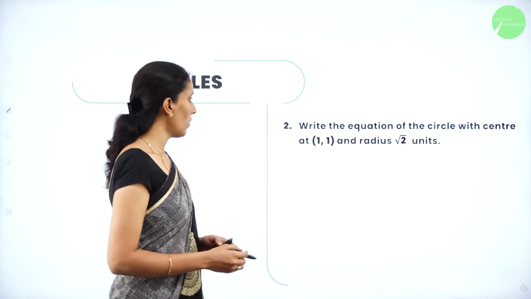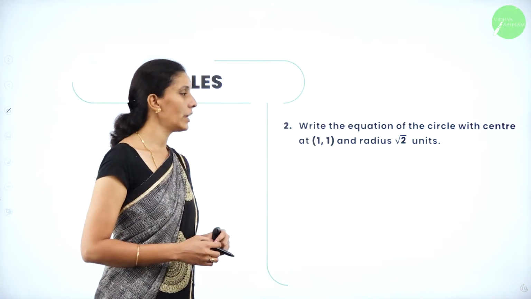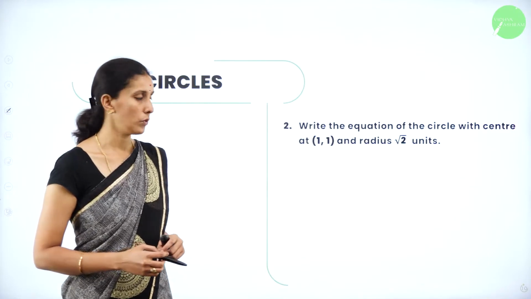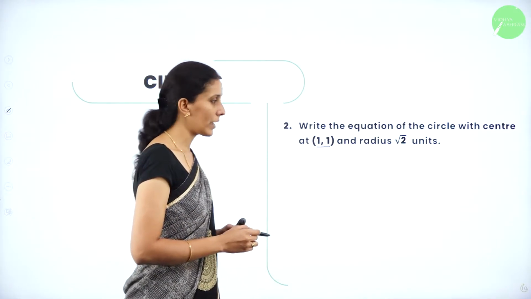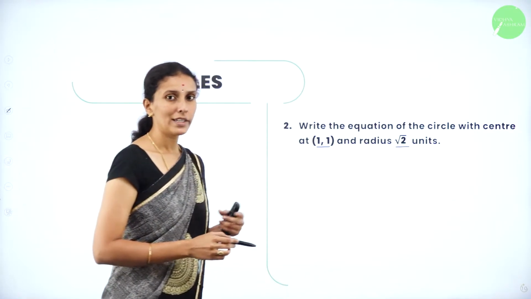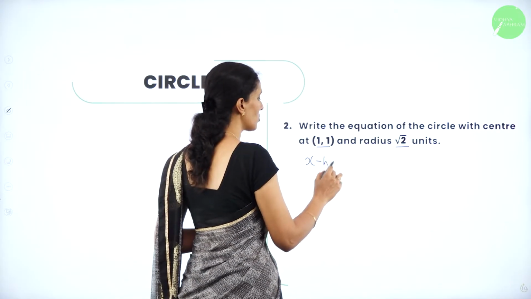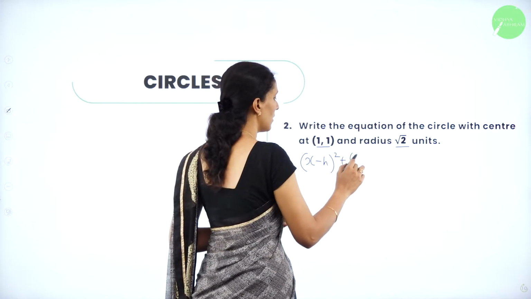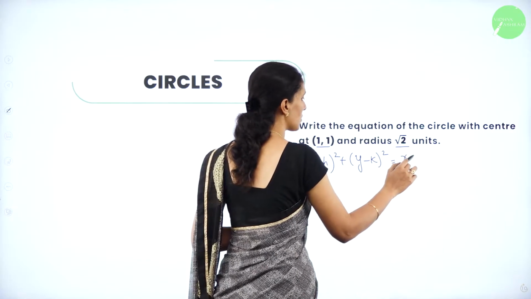Now, let us take one more question. Find the equation of the circle with center at (1, 1) and radius root 2 unit. So, we have a center which is in the form of (h, k) and radius r is equal to root 2 unit. What is the standard equation of the circle? It is (x minus h) whole square plus (y minus k) whole square is equal to r square.